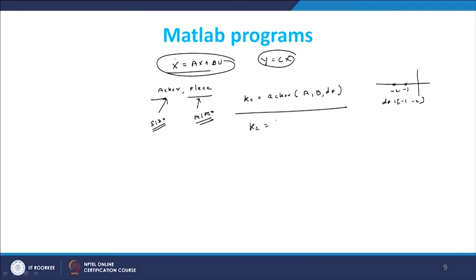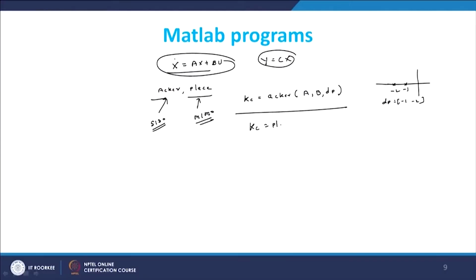That is, a single command is sufficient to get the controller matrix. Similarly, you can get the controller by using place: place(A, B, DP). For MIMO we definitely go for place, and for SISO we go for the acker command.